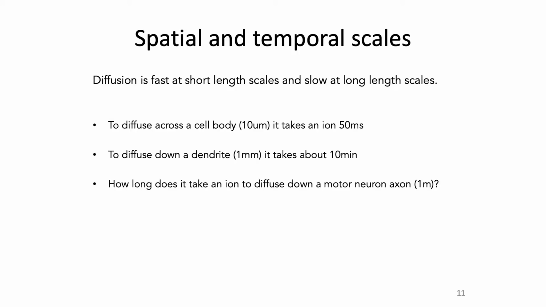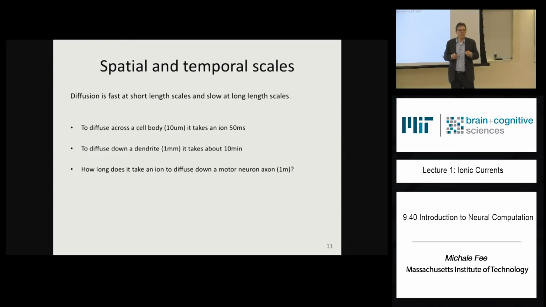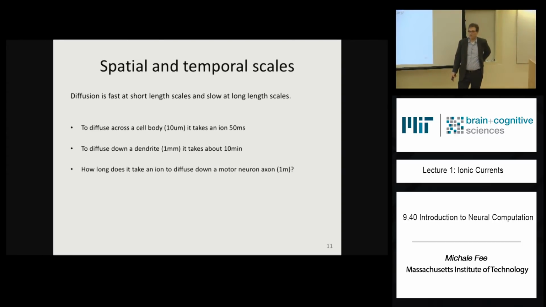How long does it take an ion starting at the cell body to diffuse all the way down? You know there are neurons in your body that start in your spinal cord and go all the way down to your feet, right? So motor neurons in your spinal cord can have very long axons. How long does it take an ion to get from the soma all the way down to the end of a long axon?